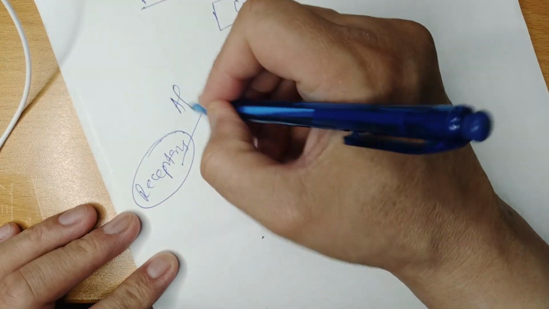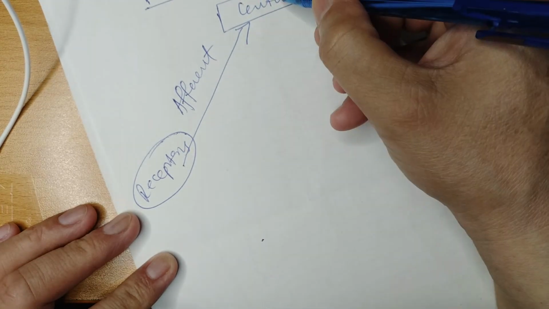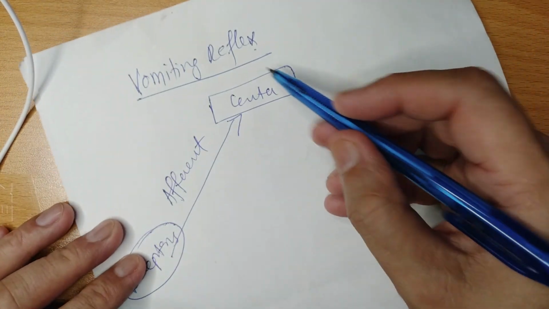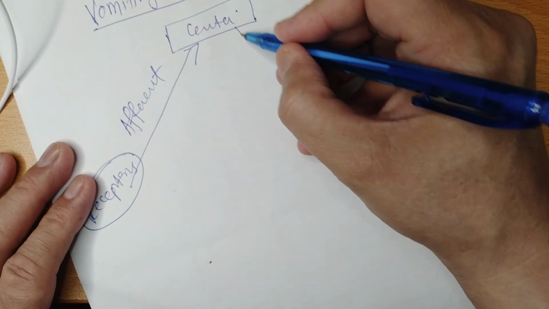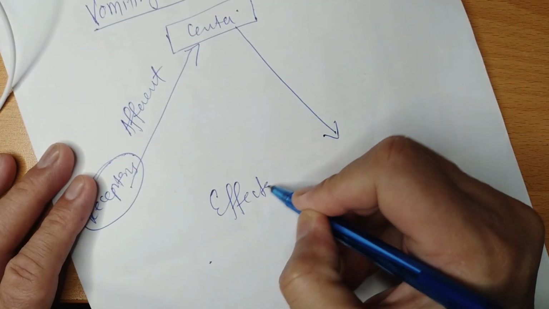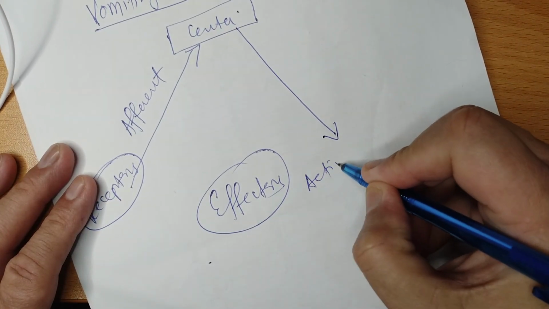This is the afferent limb of the reflex, which relays or conveys information to the center, and then the center processes and analyzes the information and gives signals to the effectors which produce the act of vomiting.